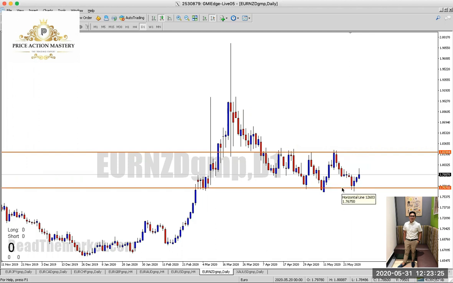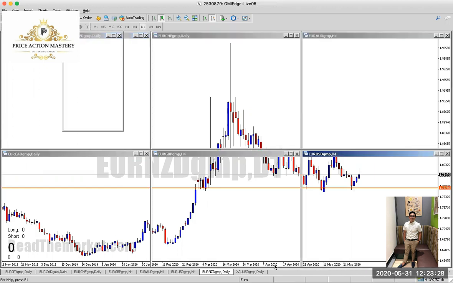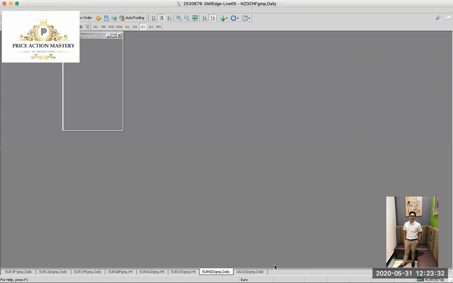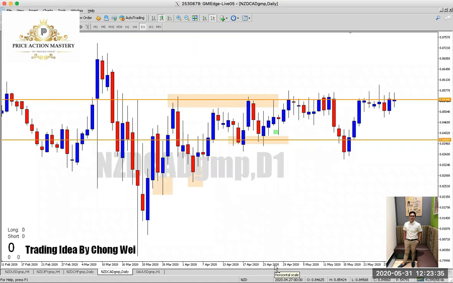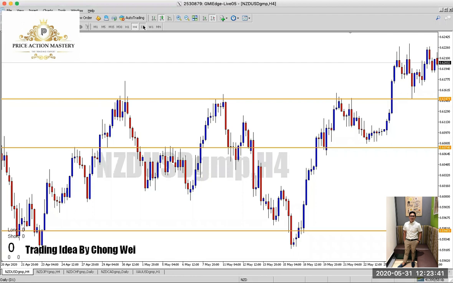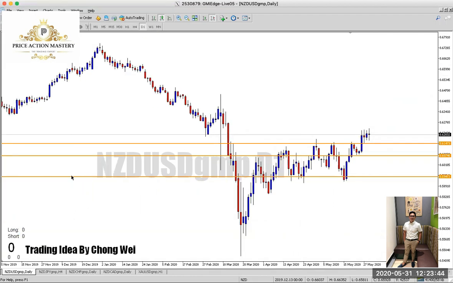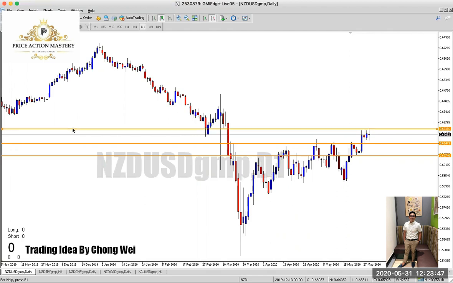Let's go to the New Zealand pairs. Usually, as we can see, this pair is almost the same as Aussie USD. Their behavior is basically the same. The market climbs, but in the bigger trend they are still in a downtrend.